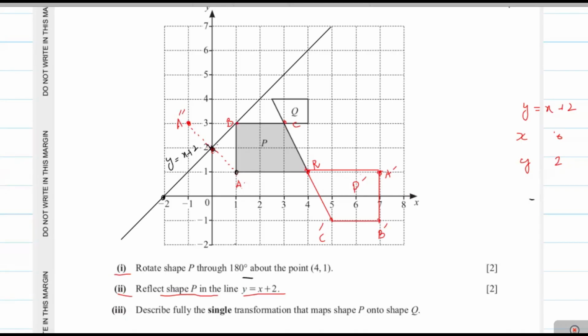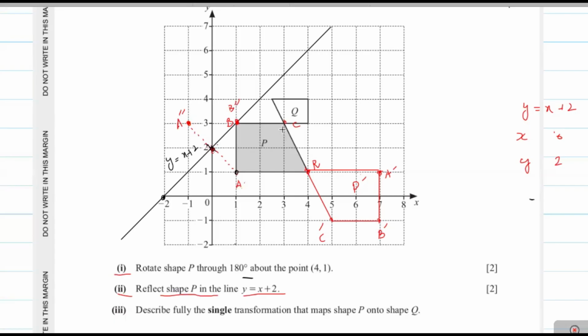Next, point B. The reflection of point B will be in the same position as here, because this is an invariant point, it lies on the reflection line, and this is B double dash, same position.